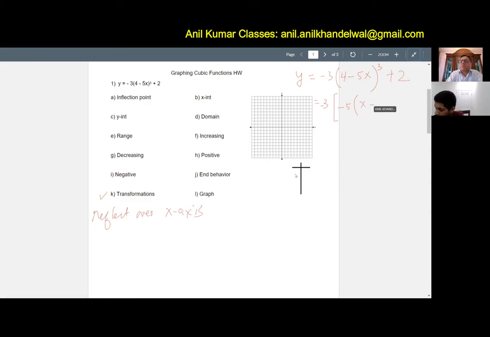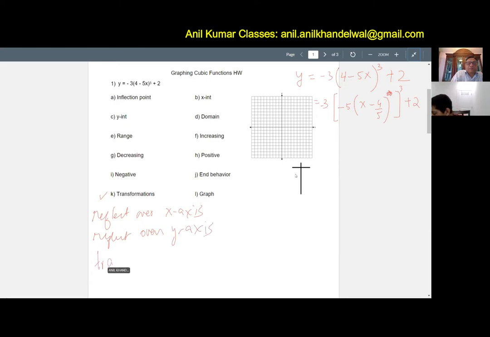So you get what? 4 over 5. Correct. So reflect over the x-axis, reflect over the y-axis, and then what is the translation?